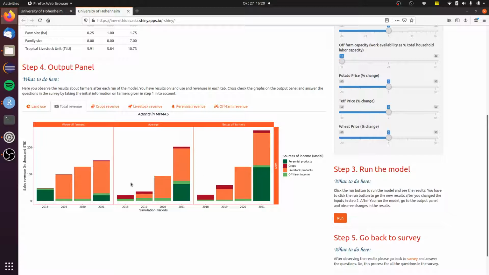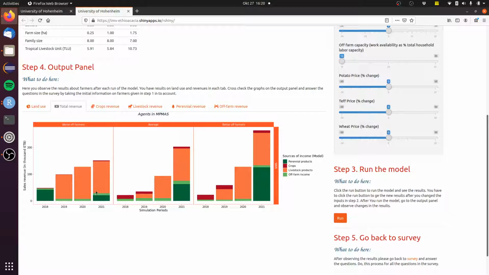So you see the values here, and what we would like to know from experts at this point is their opinion or their perception whether some of the values that they see here are overestimated or underestimated, or whether they think that this is a good fit of what could happen in reality. So we need experts' perception.